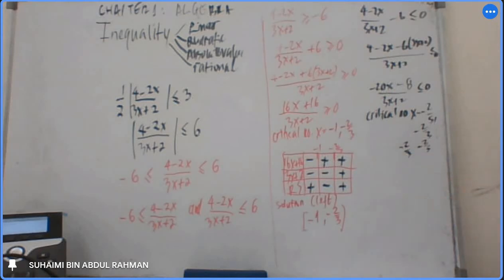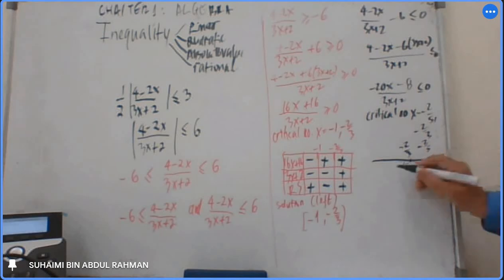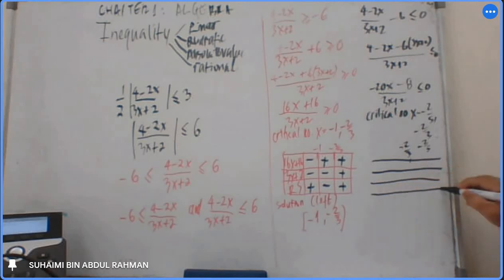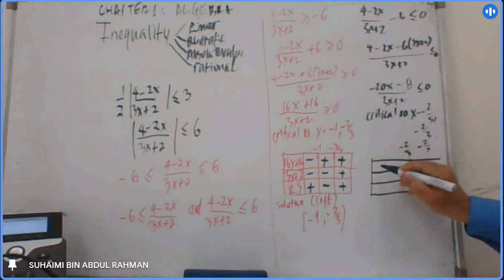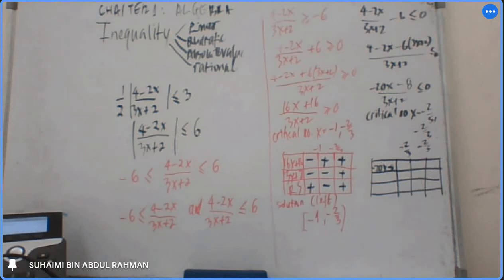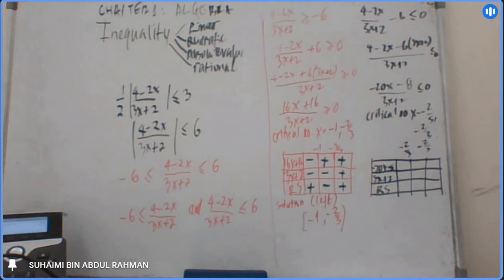Here is minus 20x minus 8, and 3x plus 2, with the resulting sign.